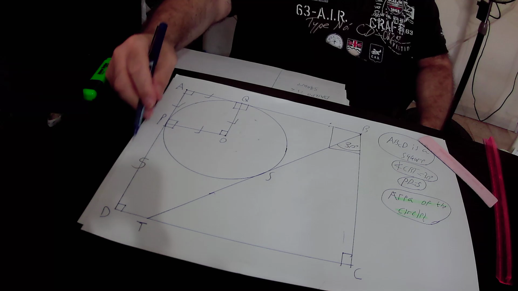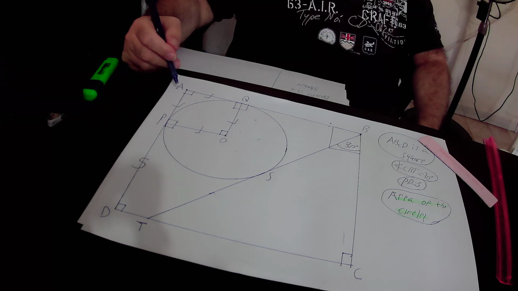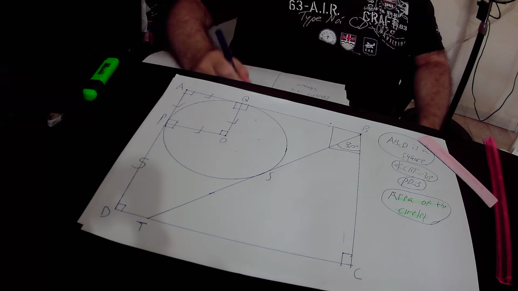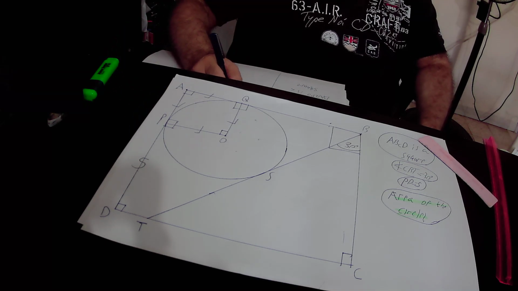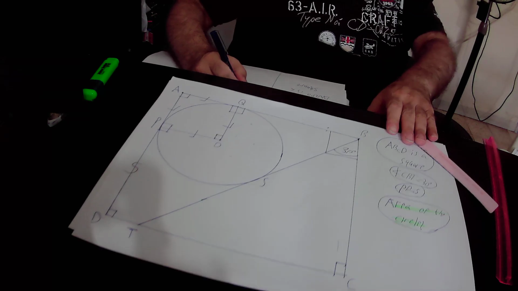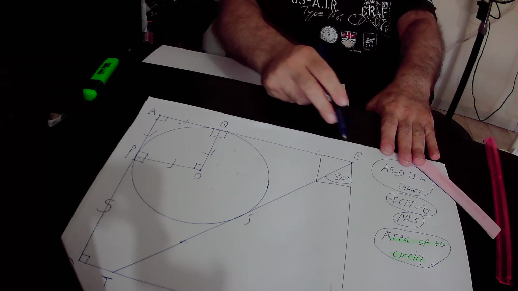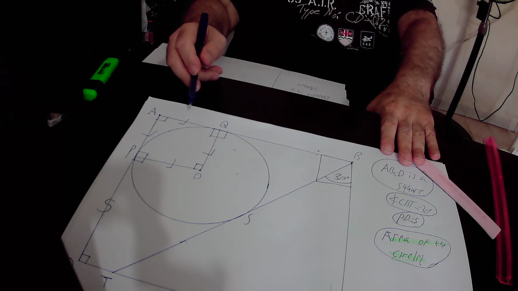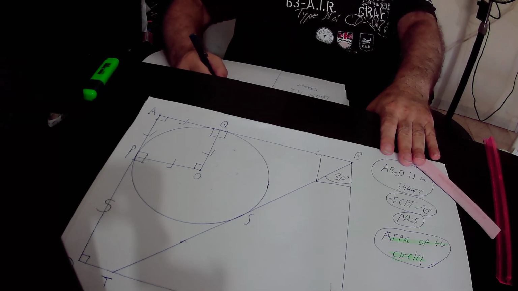What is the value of AD? AD equals R plus 5. And what is the value of AB? The length of side AB is R plus QB.